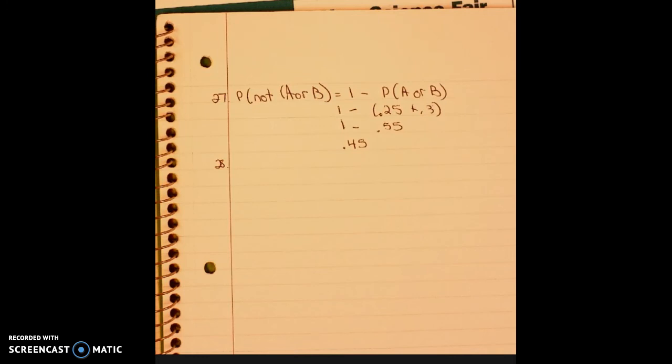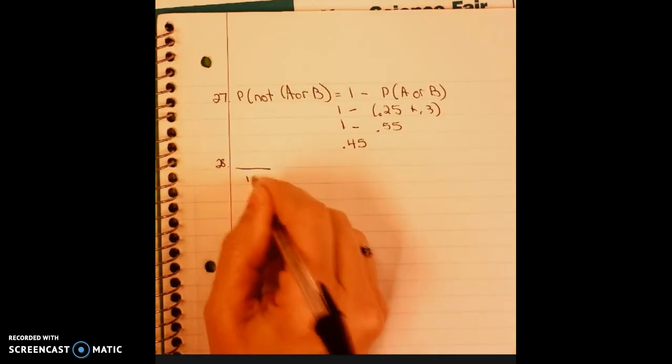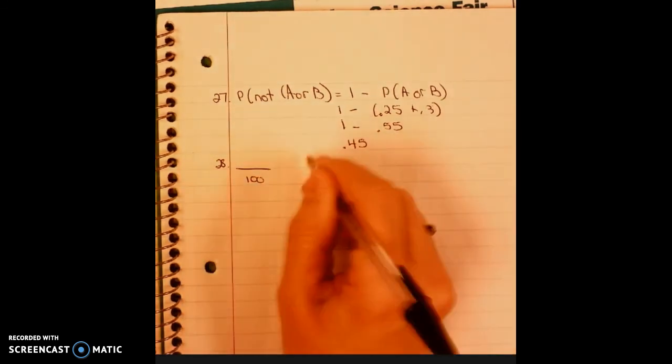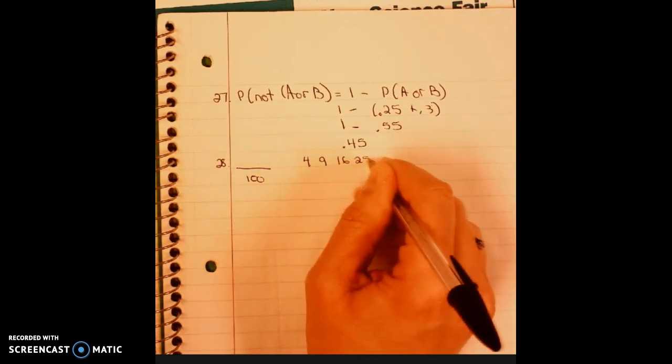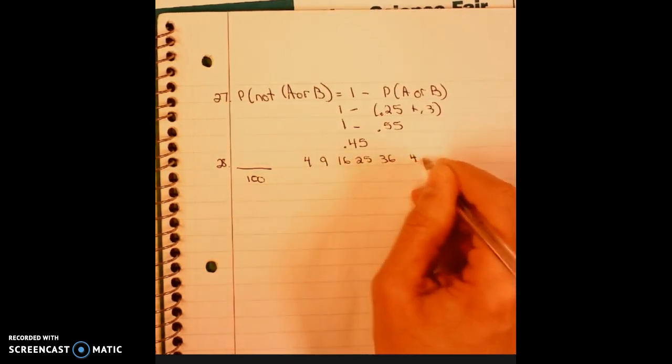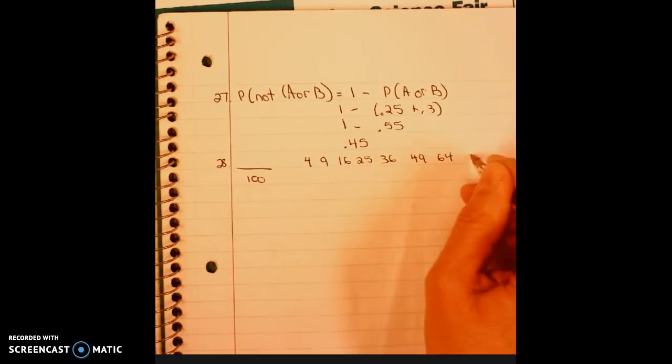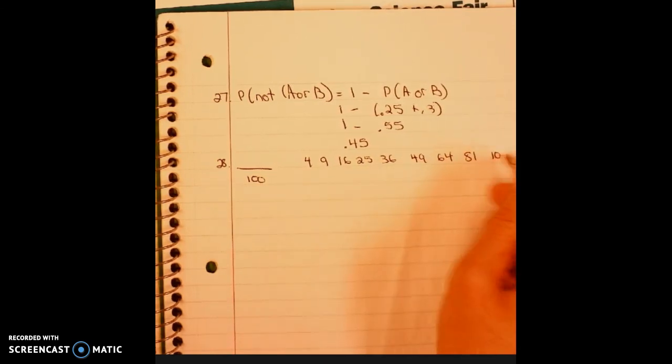Okay, question number 28 wants to know, what's the probability of randomly choosing a positive number less than or equal to 100, and it has to be either a perfect square or a perfect cube? Well, first of all, I've got 100 numbers, so I'm looking for numbers that are perfect squares, so that would be 4, 9, 16, 25, 36, 49, 64, 81, and 100.